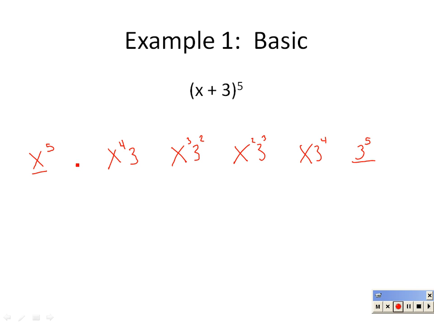Okay, so as you can see, we have 1, 2, 3, 4, 5, 6 outcomes from all of this. And it will always be like that. The number of terms will always end up being one more than the original exponent.